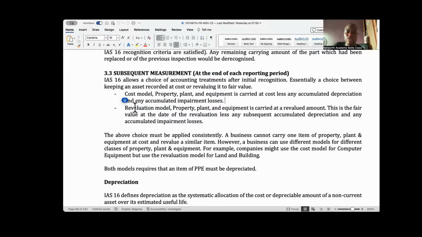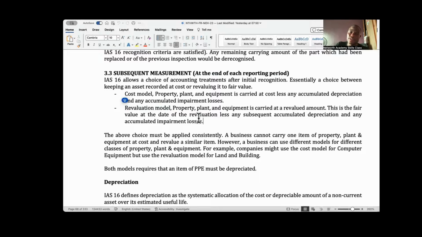And we told you that the revaluation model is the revalued amount, which is the fair value of the asset at the date of revaluation, less any subsequent accumulated depreciation and any accumulated impairment losses. We explained this also critically.